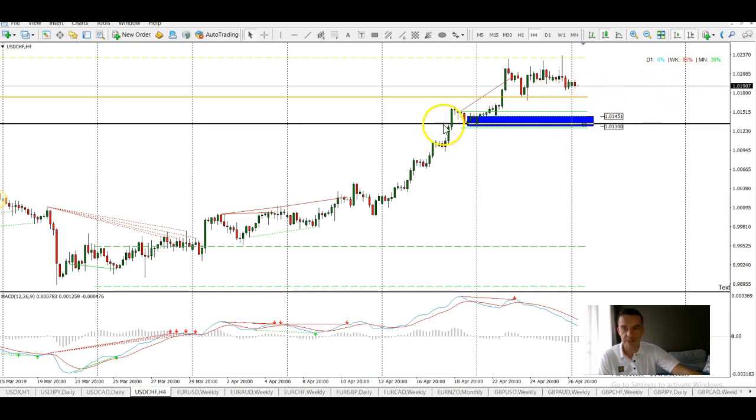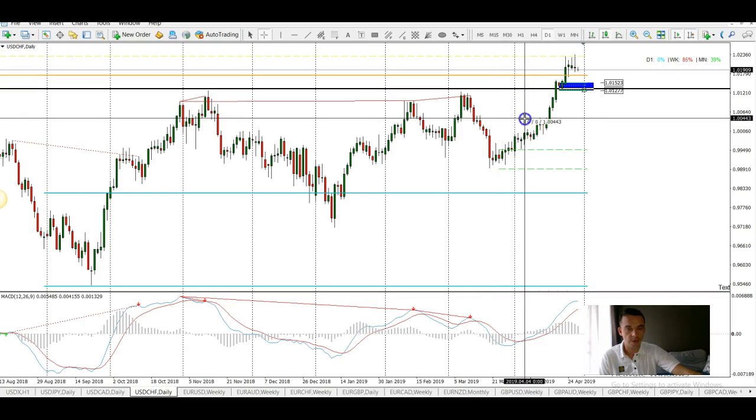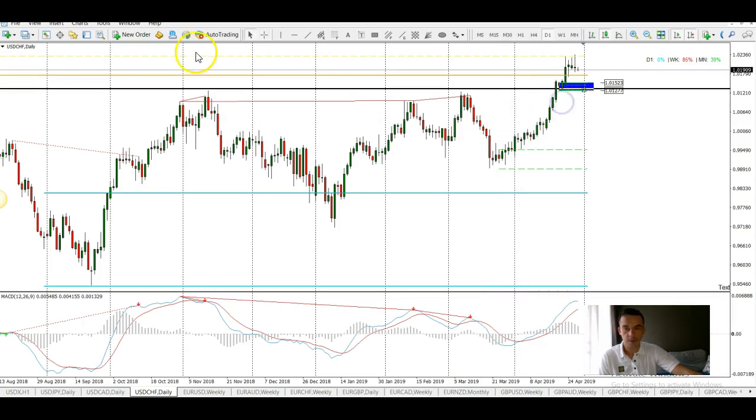Longer term, I actually am in a sell trade on this from Friday from this signal here. And that is the target. Looking to target 1, I think it's this high here. Currently I'm targeting 1.0005, around about here.